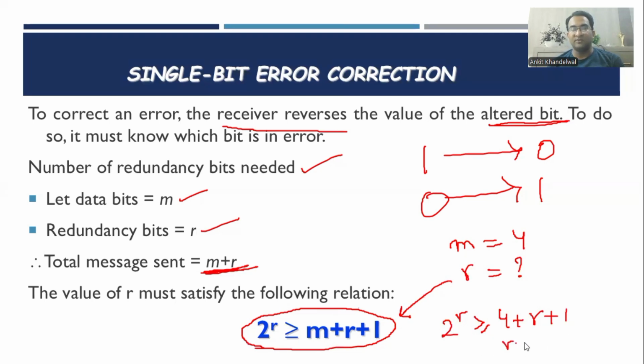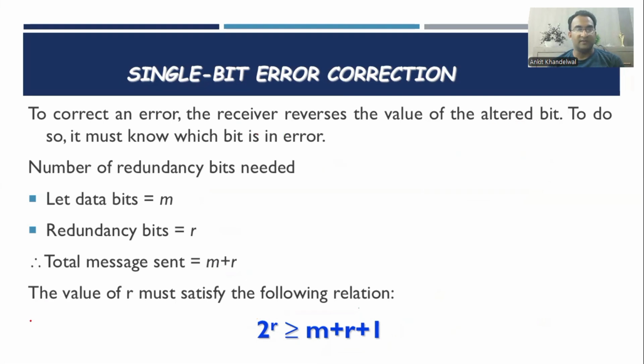We have m equals to 4, and we are going to find out the value of r.